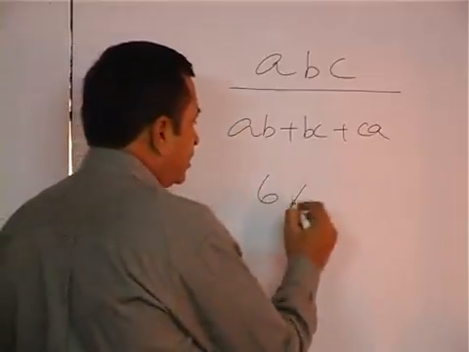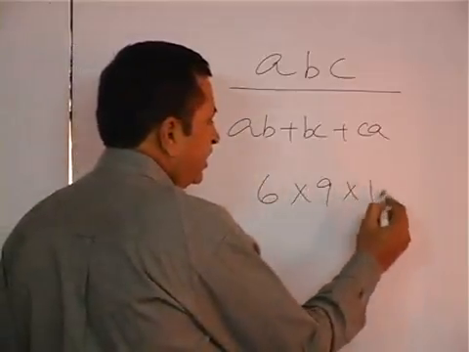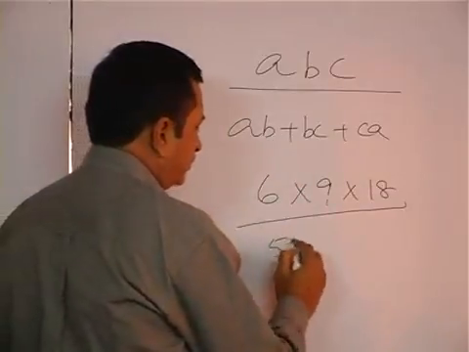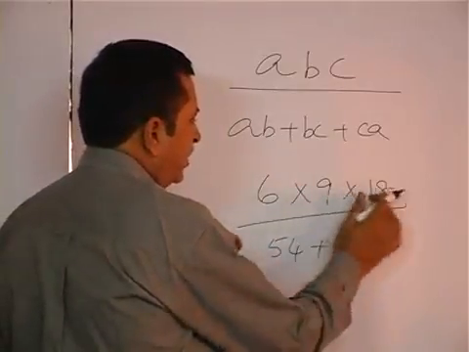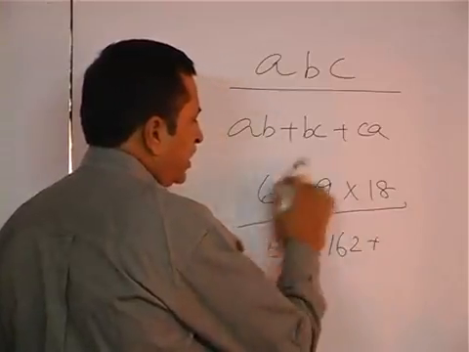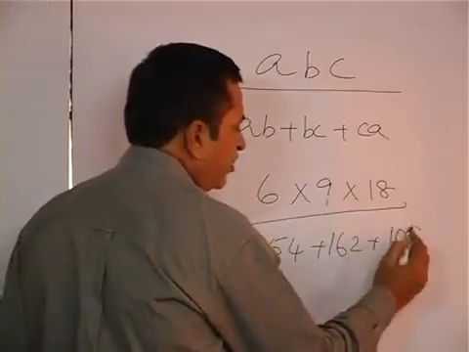A, B, C in 6, 9 and 18 days: AB means 6 nines are 54, plus BC means 18 nines are 162, CA means 6 18s are 108.